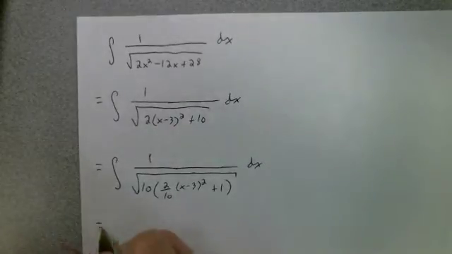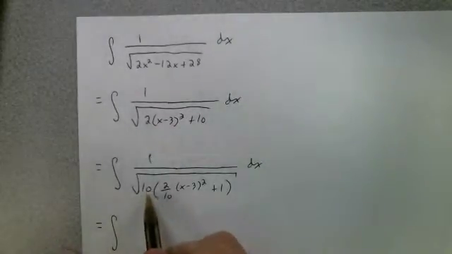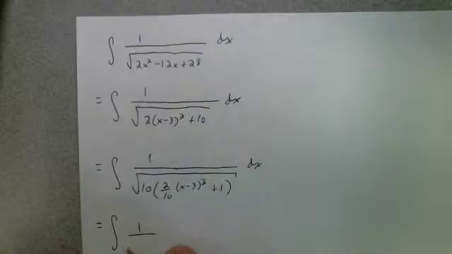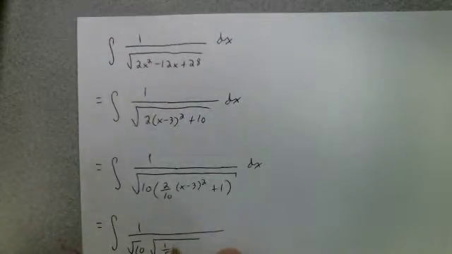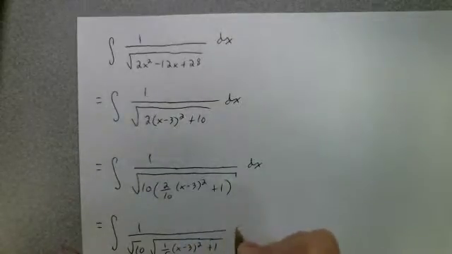Now, having that 10 under the square root is a little annoying, so I'll pull it out. So I have square root of 10 there, and this other stuff inside. 2 divided by 10 is 1/5. So I have 1/5 times x minus 3 squared plus 1.